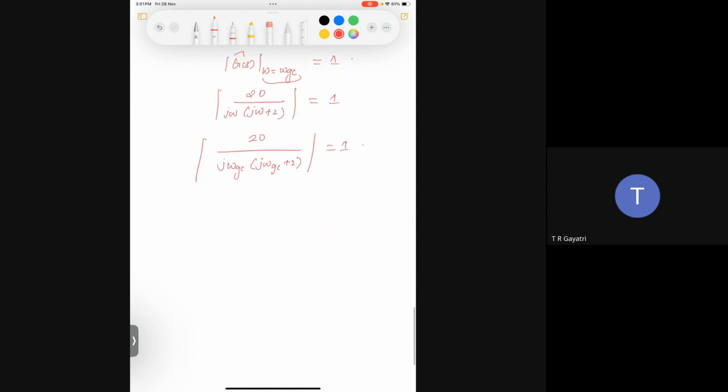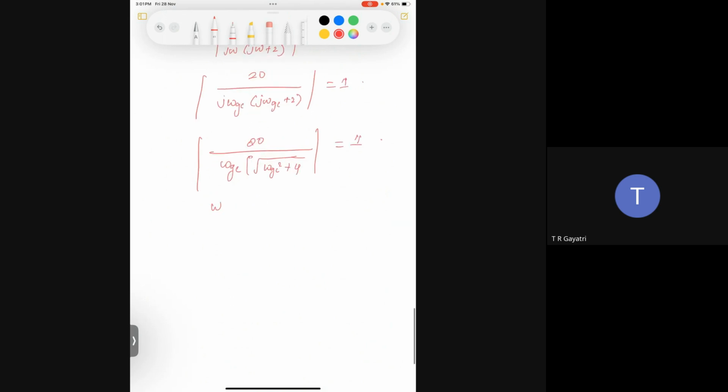So you will get omega gc into root of omega gc square plus 4 in magnitude, equal to 20. Omega gc square into omega gc square plus 4 equal to 400.